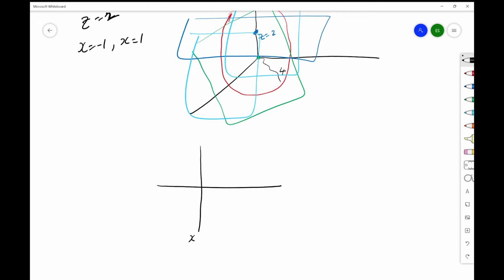We know that there's a surface at x equals -1 and x equals 1, right? Let me draw the sphere first. The projection of the sphere is going to be this thing.